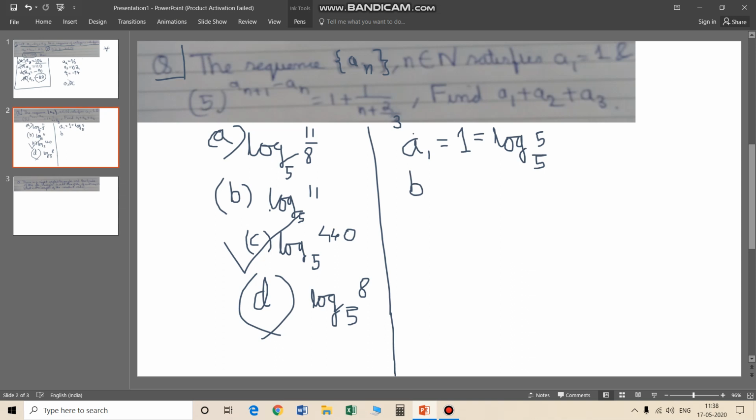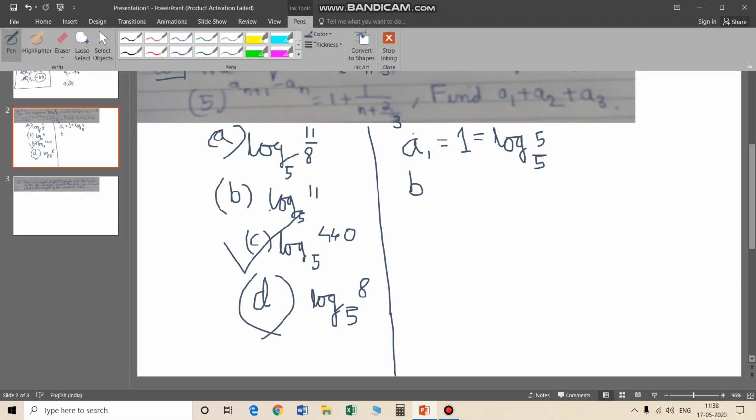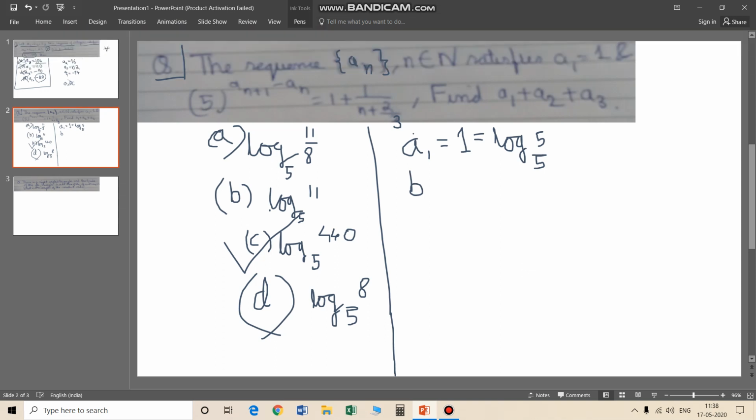Sorry, not B, there is A2 given, right? A2 will be what? Check.